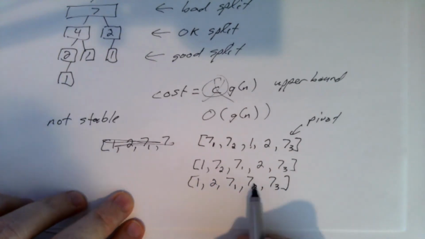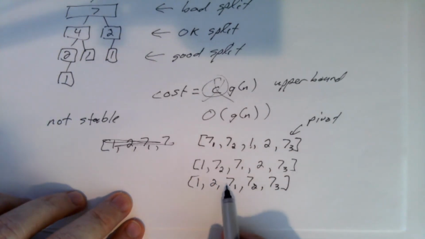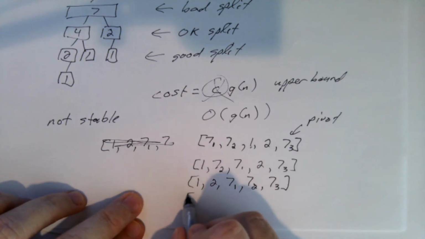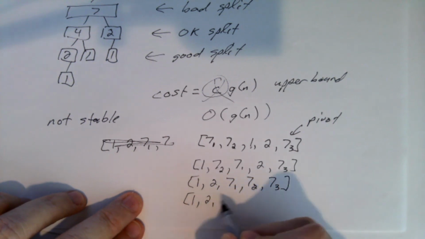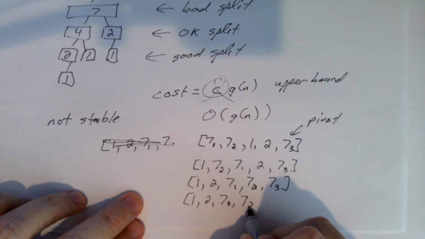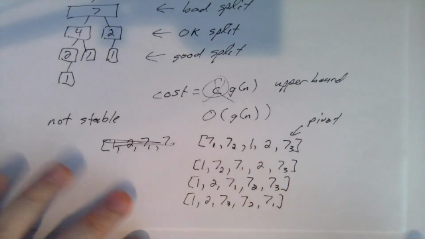And then eventually we don't have anything to process, so 7 sub 3 needs to go right after the last of the less than or equal values, which puts it right here. So we would have 1, 2, 7 sub 3, 7 sub 2, 7 sub 1. So what was the point of that? Well, let's think about it.